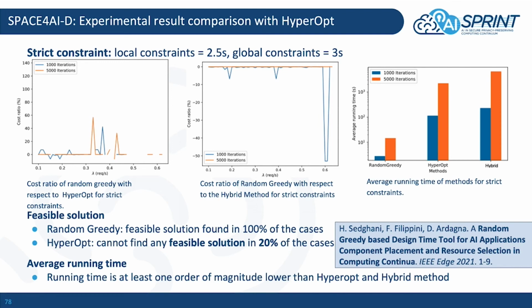On the other hand, the second figure indicates that the hybrid method never improved random greedy for 5000 iterations. Moreover, as reported in the third figure, even if we run random greedy for 5000 iterations, the required time is at least one order of magnitude lower than the other methods running for 1000 iterations.